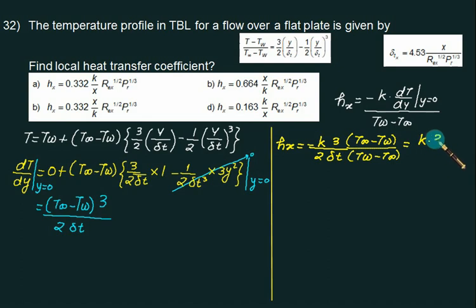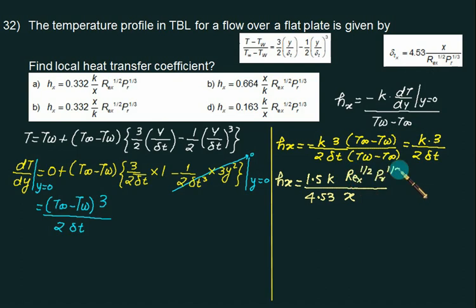So we are left with k into 3 by 2 delta T. So we have Hx equal to 1.5 times k upon, now we'll replace delta T as 4.53 into x, and the rest of the terms we'll write in the numerator, Re to the power 1 by 2, Prandtl to the power 1 by 3. So 1.5 divided by 4.53 is 0.332. Hence we prove the relation.